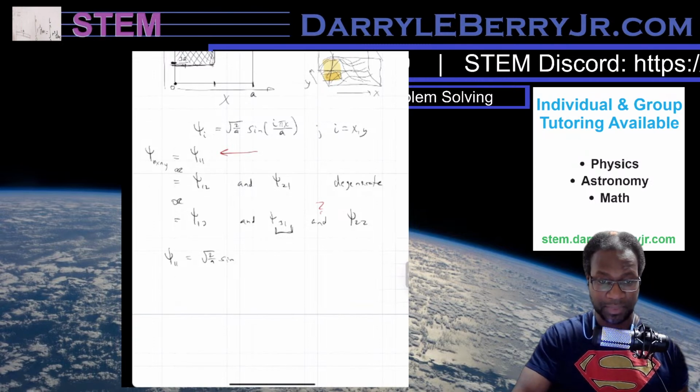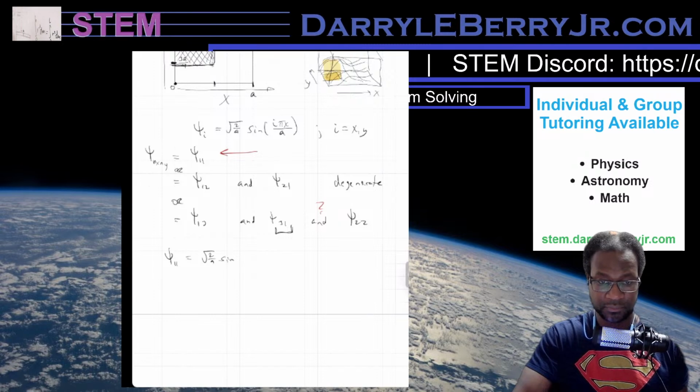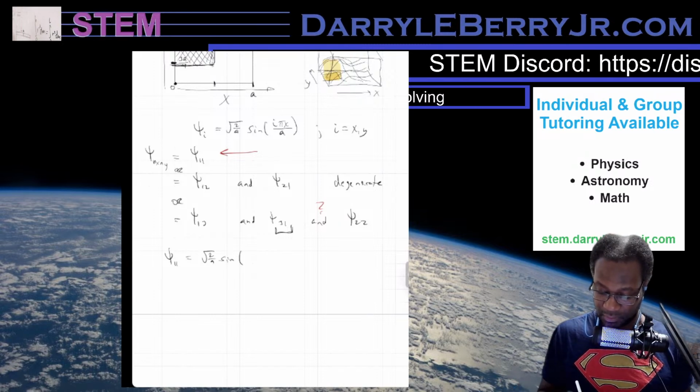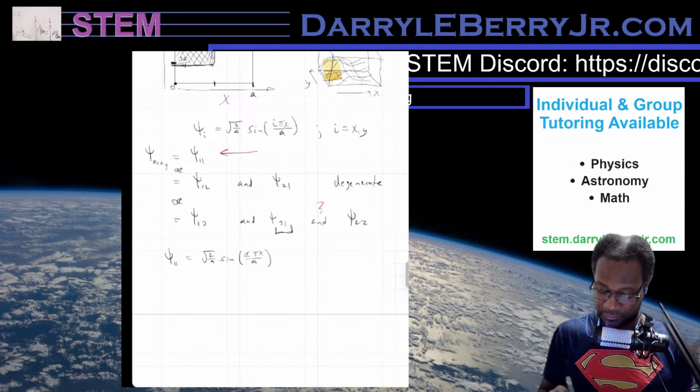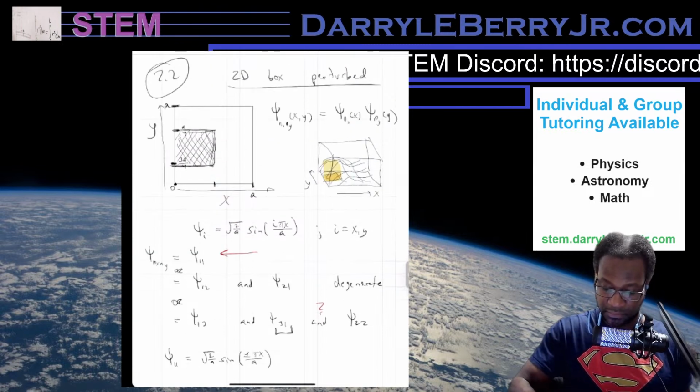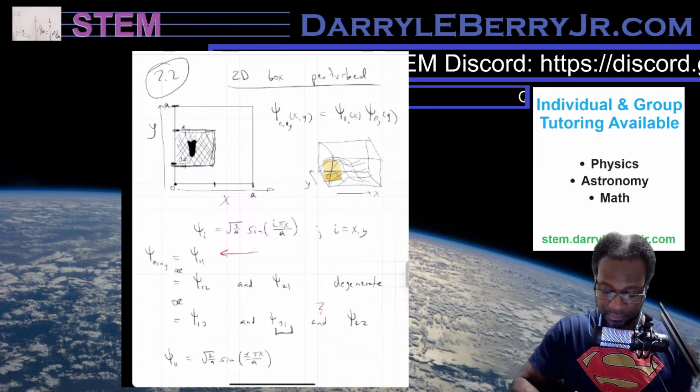Let me make sure I got my notation right there. We have sine of 1 pi x over a, and let's call the potential V naught again.